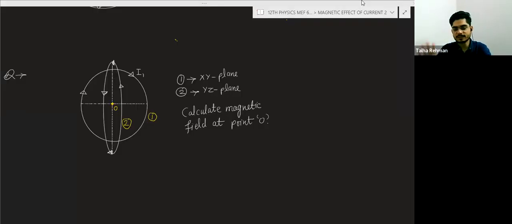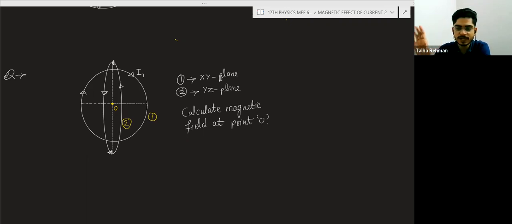And one thing you should know: if your plane of coil is XY, then definitely the direction of the magnetic field will be along the Z-axis.